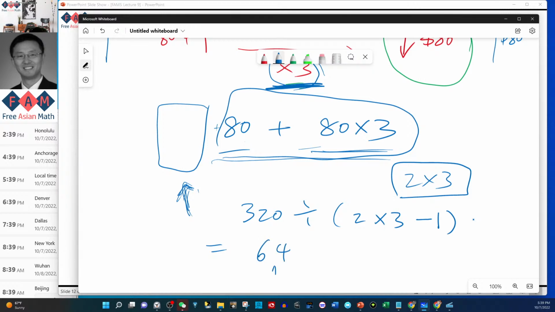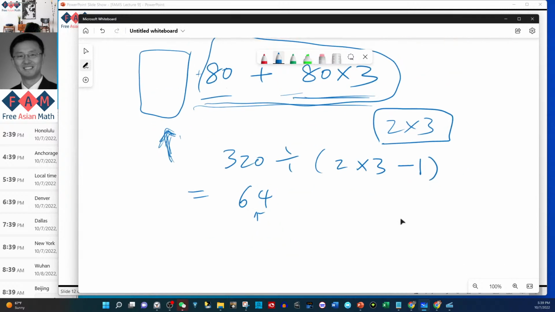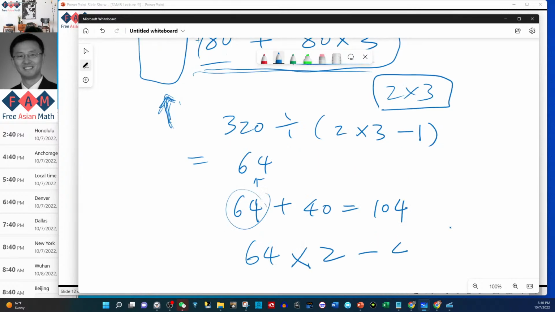What is 64? 64 is when Aaron was the poorest after he gave away $40 to Albert. So initially he should have 64 plus 40 equals $104. That's the subtract 40. And this is 128 subtracted 40 equals 88.